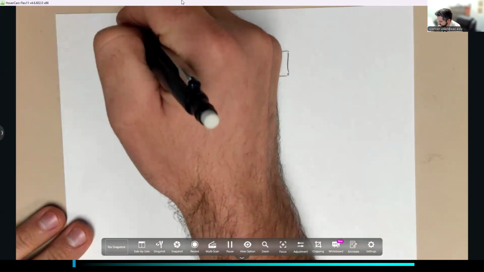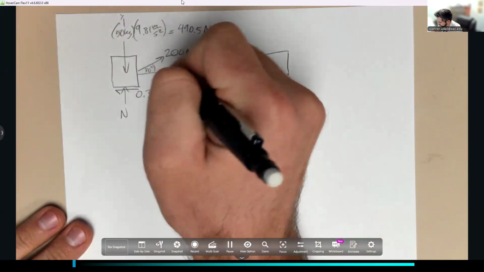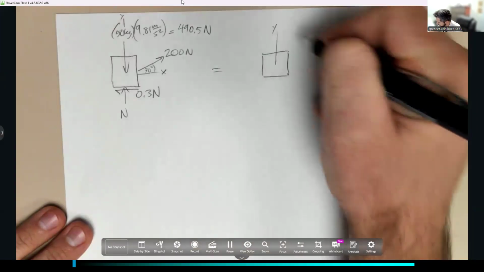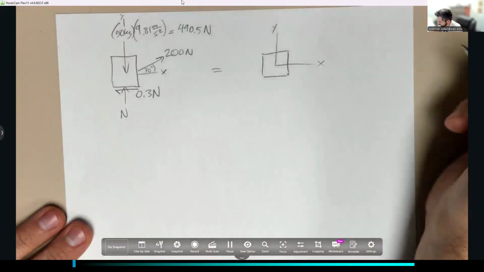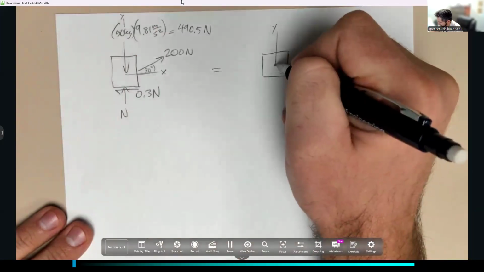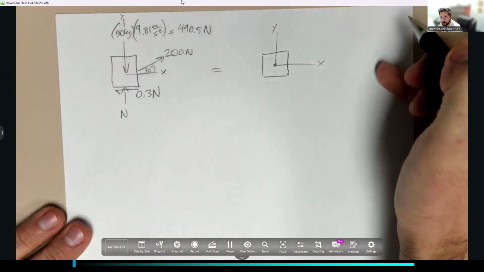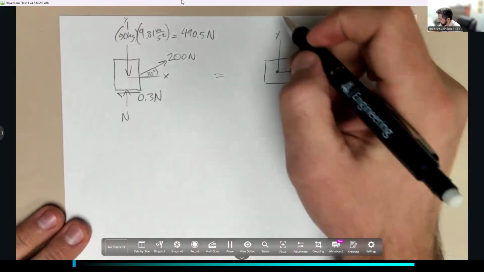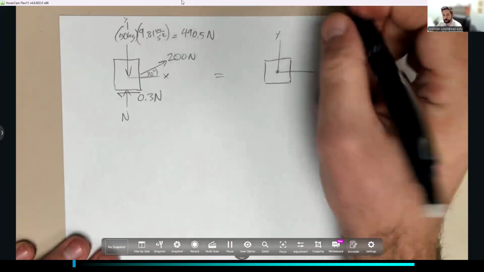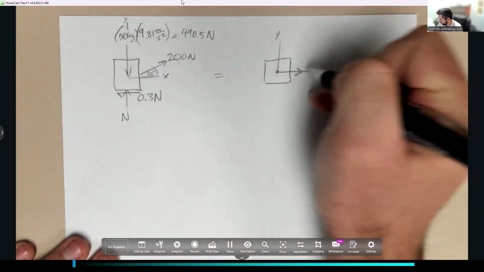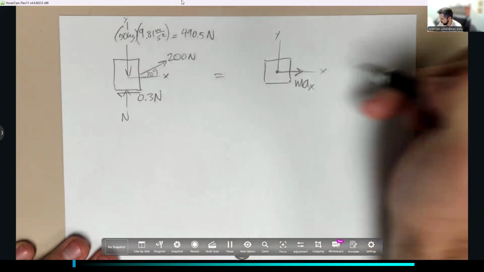Here is our kinetic diagram. If we say that this is the y direction and this is the x direction, we can do the same here. That's our y, that's our x, and that could be our center of gravity. We need to draw in our ma for any accelerations that we see here. So what is our acceleration going to do? It's definitely going to slide to the right, so let's put in an max.